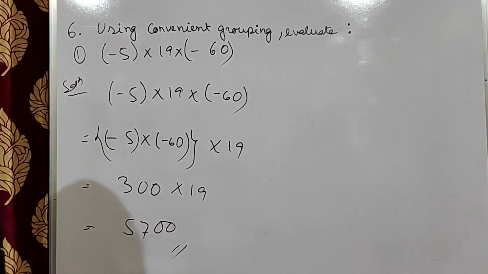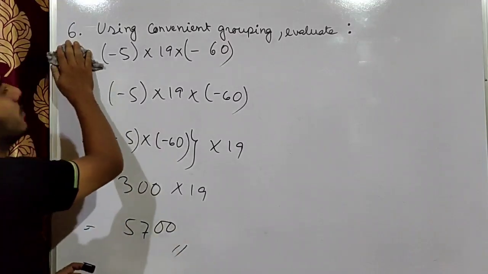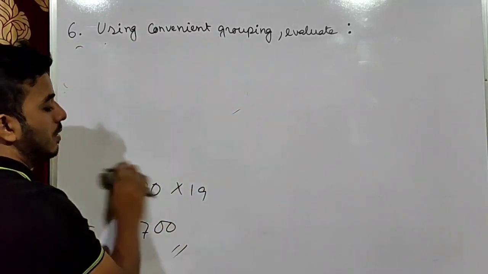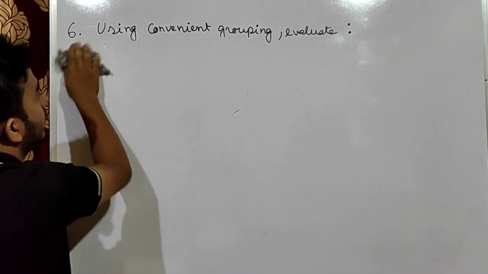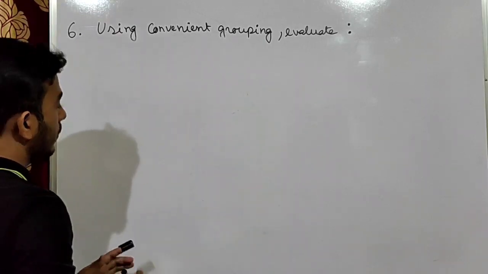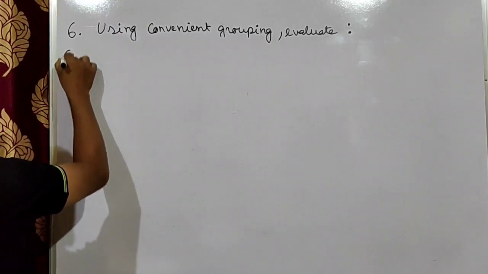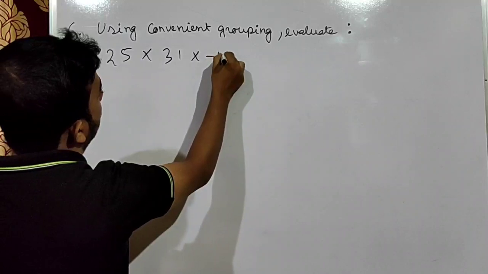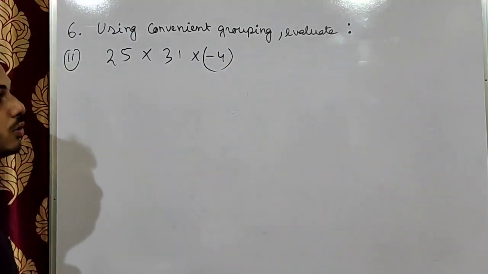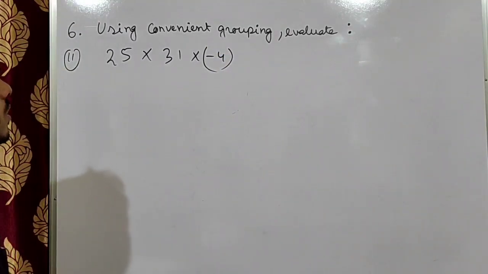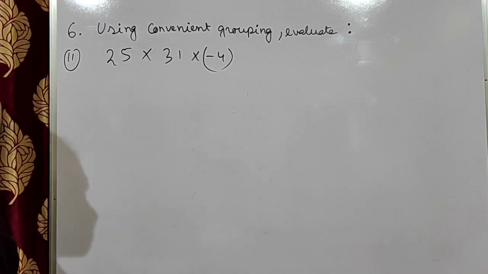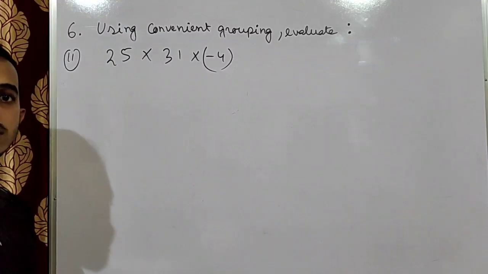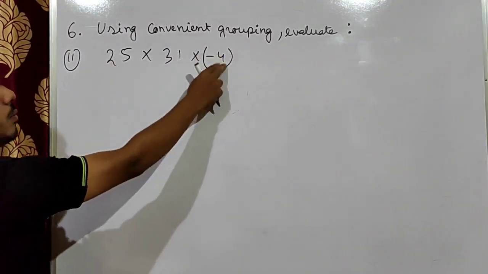25 into 31 into minus 4. So how will we solve this? Now we know 25 into 4 is how much? 25 into 4 is 100. So we will multiply 25 with 4.